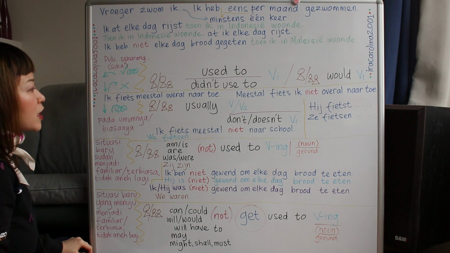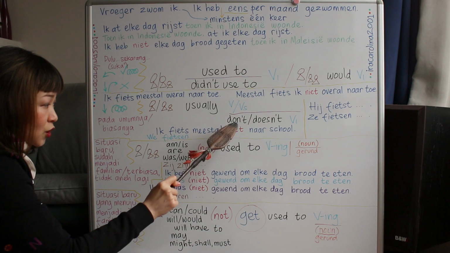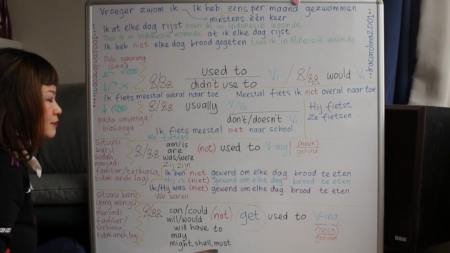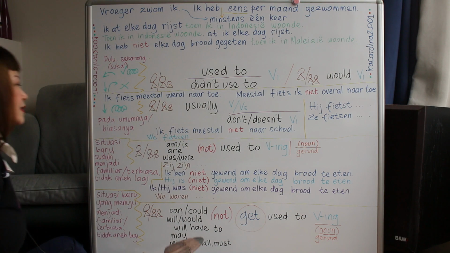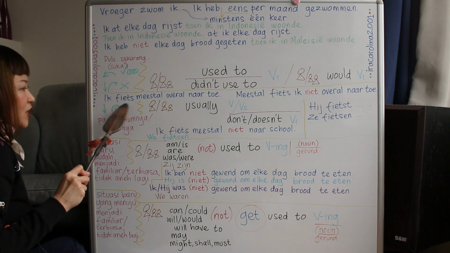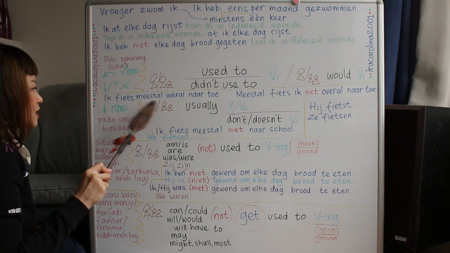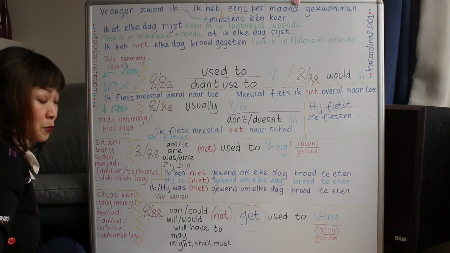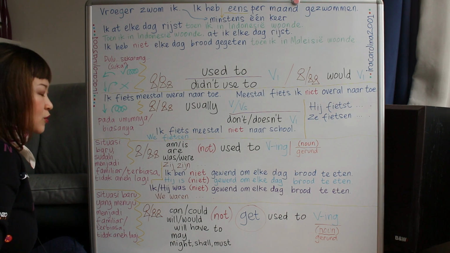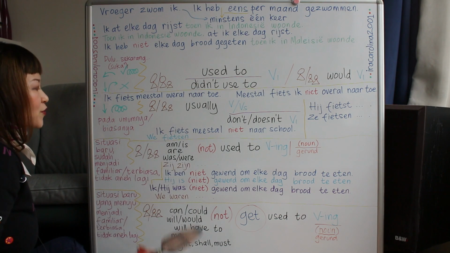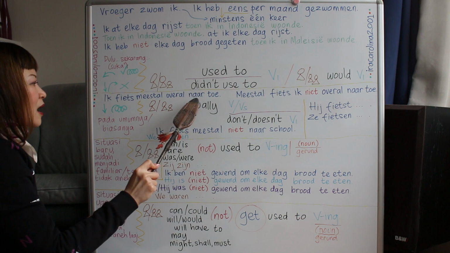And now, when we say usually or don't or doesn't, the sentence, ik fiets, I bike, meestal, most of the time or mostly, overal, everywhere, naartoe.